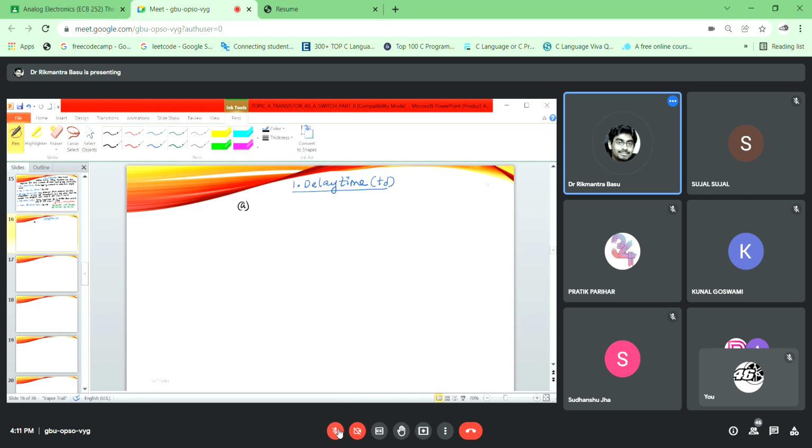One is when the minority carriers are brought to cross the emitter junction into the base, a time interval is always required for carriers to cross the base and reach the collector to produce IC, because the transistor's switching output is getting an output of collector current. How fast your carrier goes from emitter to reach collector is the simple principle of operation of the BJT, which we had discussed, and we have to make it much faster.